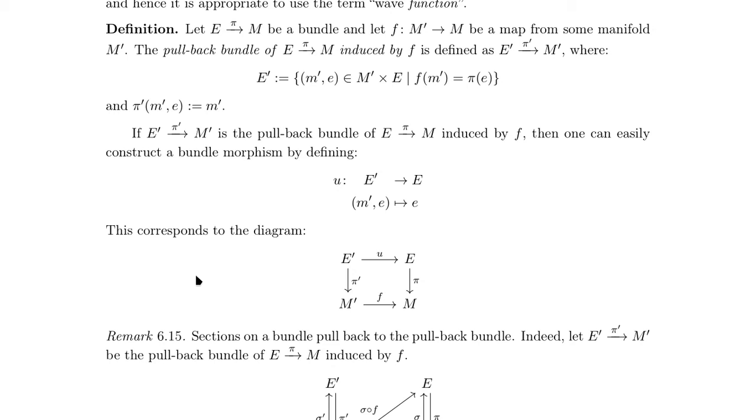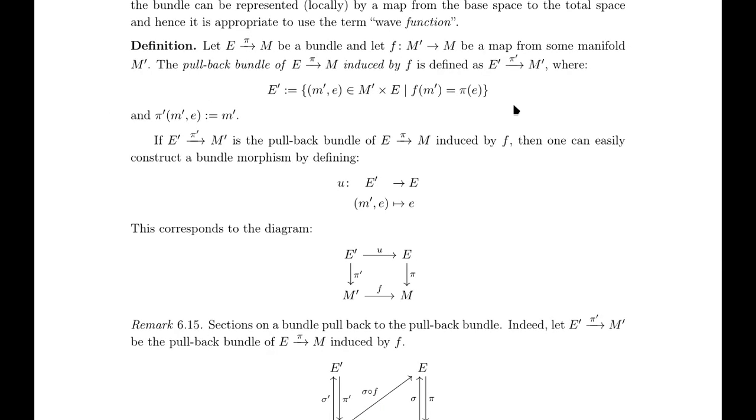If you have a bundle and you have this map from M prime to M, then the pullback of this bundle induced by this map is defined as another bundle where the total space is defined in this manner. So probably stare at that for a while if you haven't. That's the pullback.